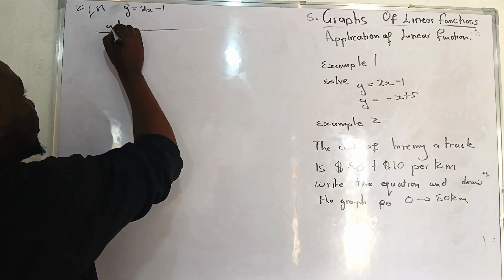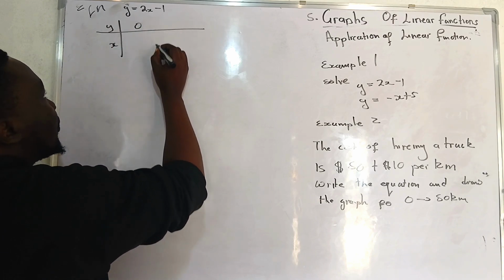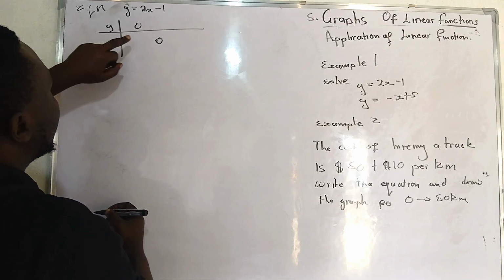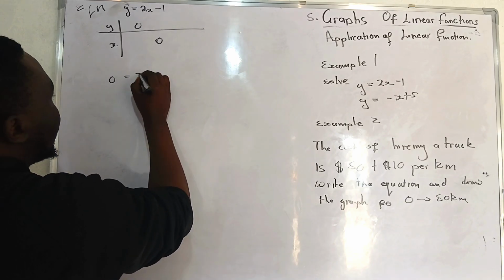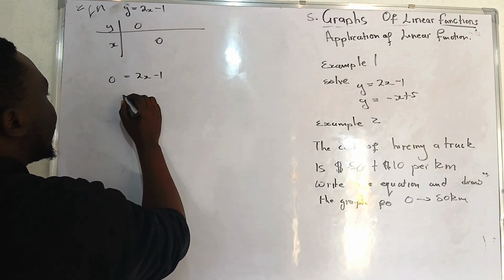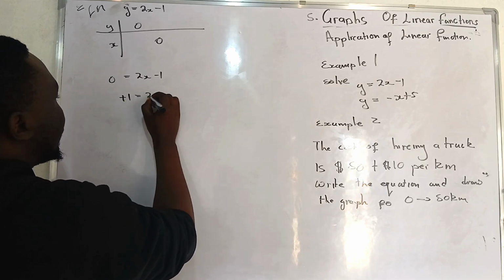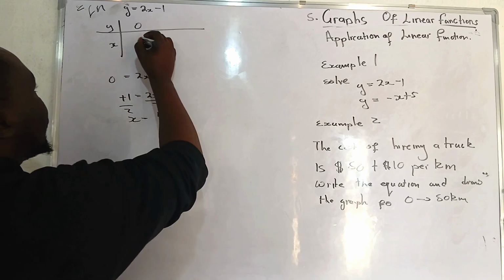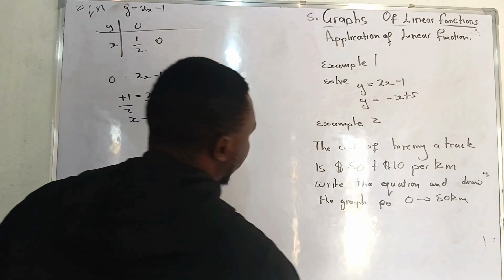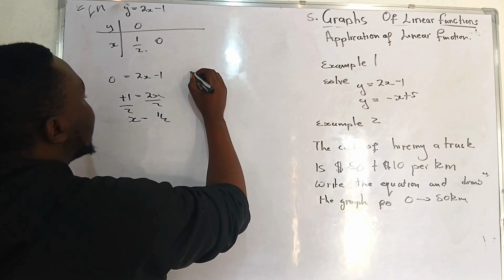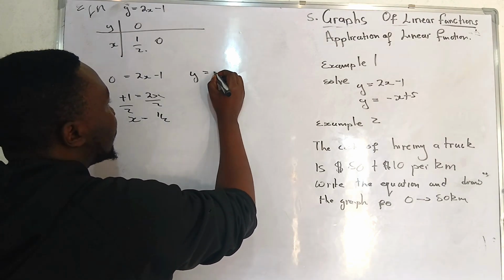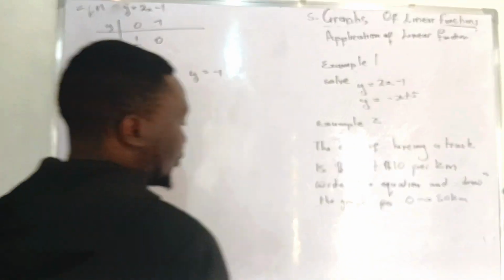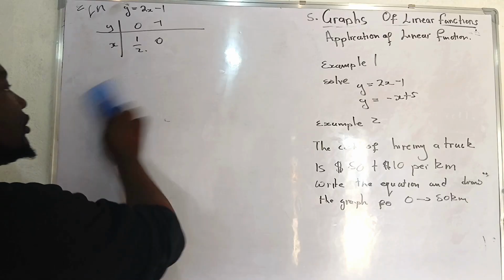When y is equal to 0, 2x minus 1 equals 0, so plus 1 gives 2x equals 1, so x is a half. When x is equal to 0, y is equal to minus 1. So you have the table for the first equation.